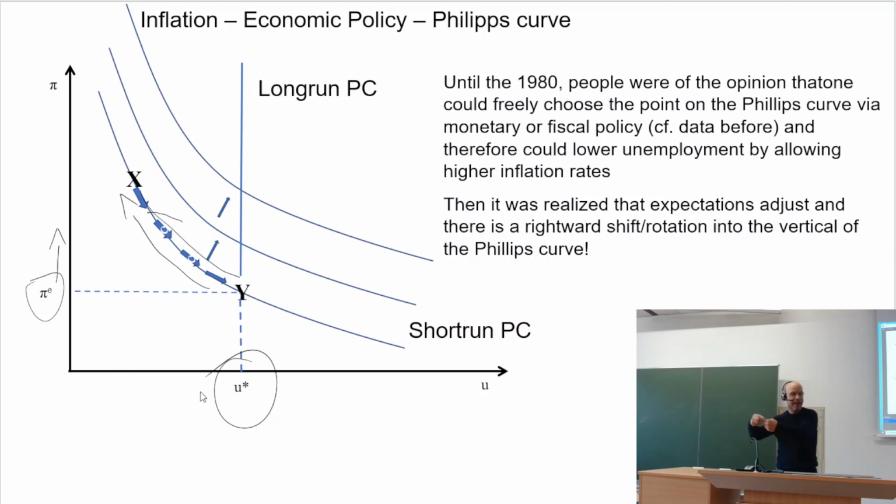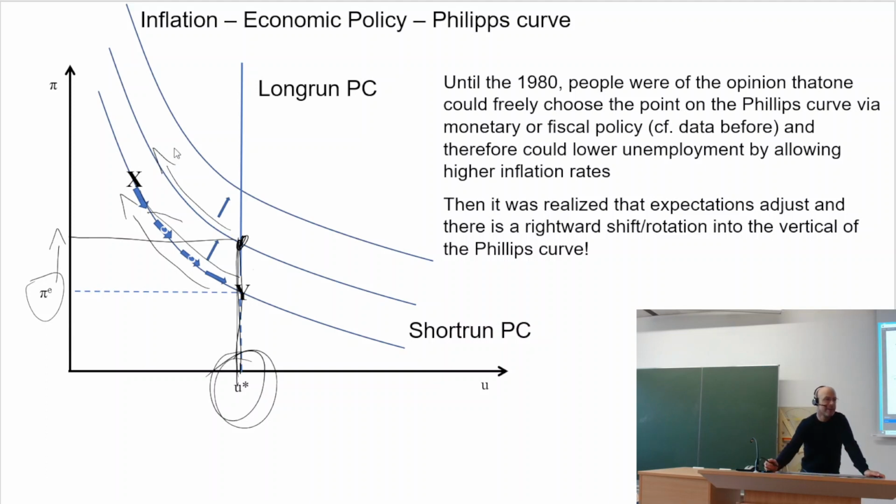But then we are already in this situation of a higher inflation rate because we were surprised. And this means that we are in a new equilibrium of a higher inflation rate, but still our natural unemployment. And then maybe we can again start to ride on the Phillips curve. But again, we start to learn.